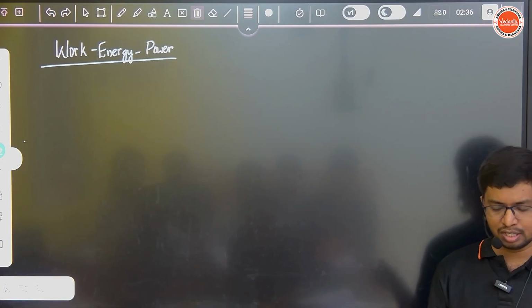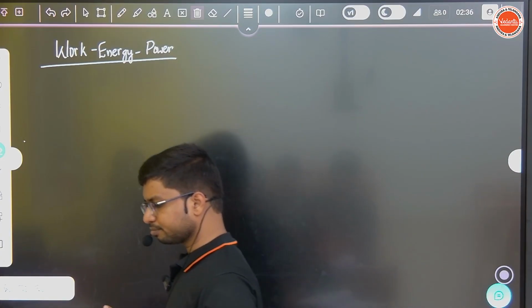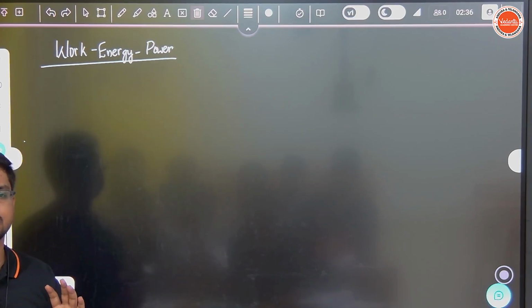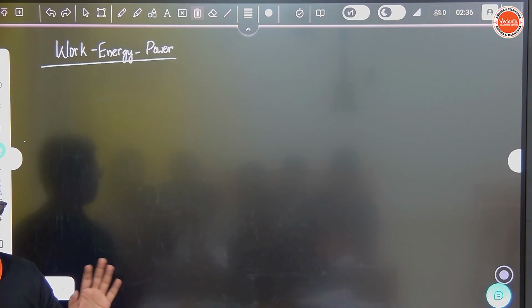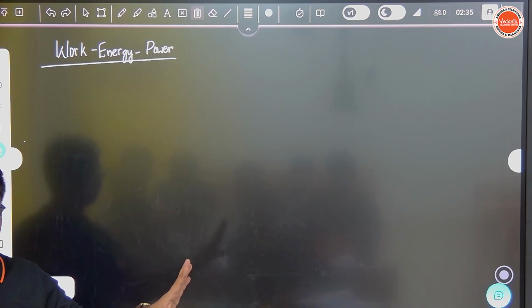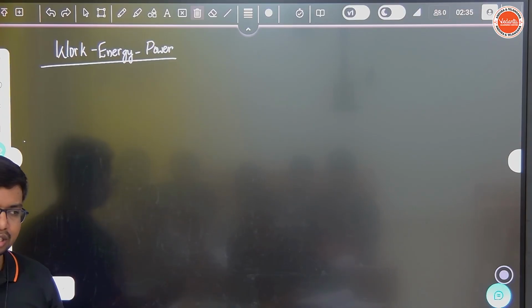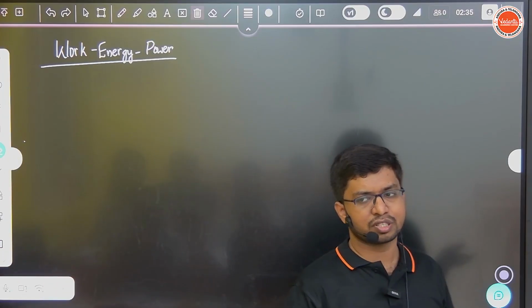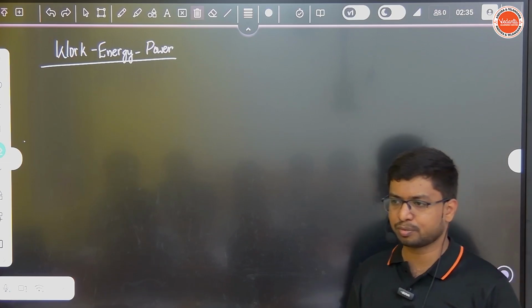Rather, it is better that we go for the energy approach if force is constantly varying and you are not able to get how exactly it is varying. That means we don't have any equation which defines how force is varying here, right? You can just understand that force is varying both in magnitude as well as in direction, but you don't have an idea how to define that variation in equation form. So instead of solving the same question with the force approach, we go for the energy approach. Got the point? Right.